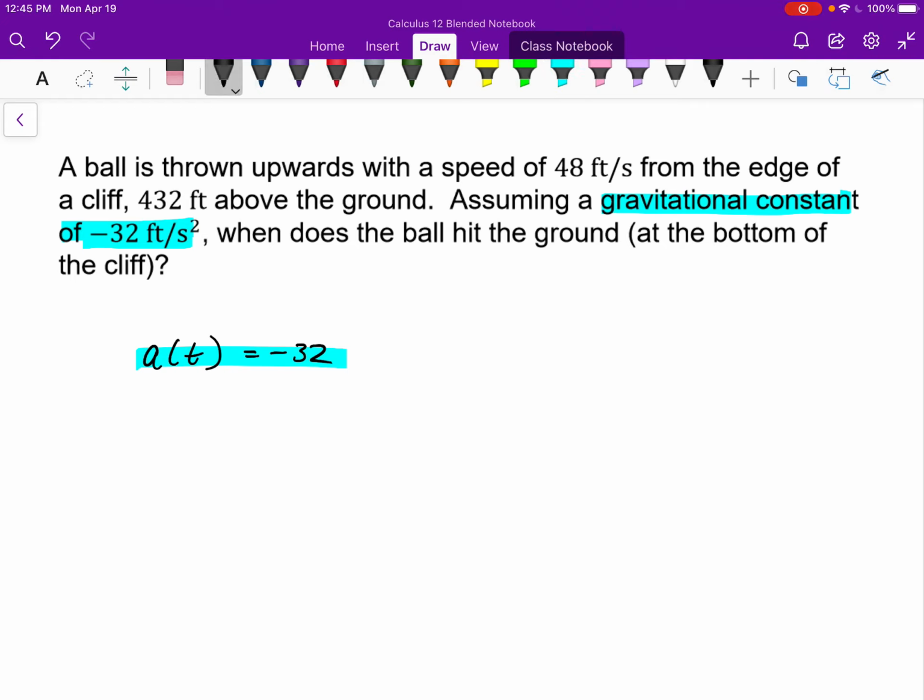So let's now find the antiderivative of that. And I could say capital A of t, or just velocity. And so the antiderivative of this will be negative 32 times t plus some constant. Okay, but I do know something about the velocity from the question. It says there's an initial velocity of 48 feet per second. So that means when time was 0, the output was 48.